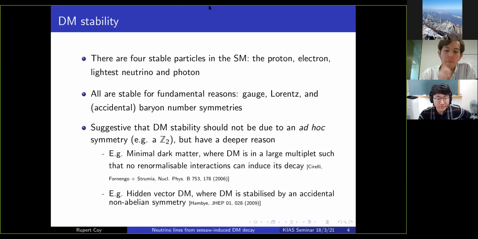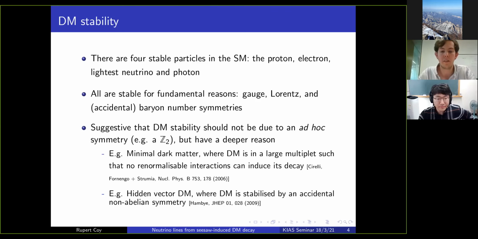A couple of examples where that's been done in well-known instances. One is minimal dark matter, where dark matter is a 5-plet. The point is that there are no renormalizable interactions that can induce its decay, so the dark matter stability proceeds very naturally.